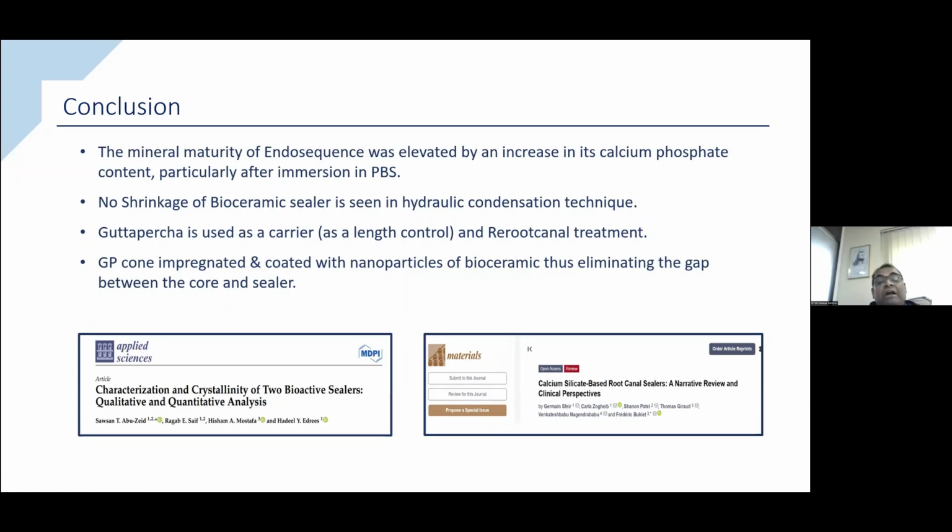The gutta percha is used only as a carrier or as a plugger to place the sealer to the full length, and it can be removed for retreatment of the root canal. The gutta percha cone impregnated and coated with nanoparticles of bioceramic thus eliminates the gap between the core material and the sealer.